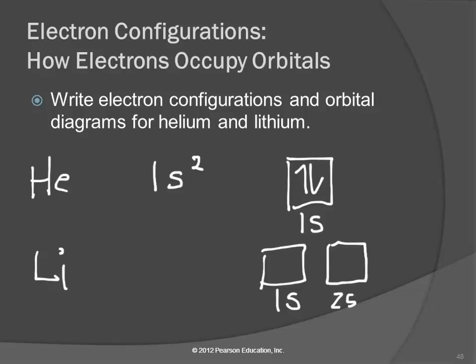And so lithium has 3 electrons. 2 of them are going to go in that lowest one, and the other one's going to have to go into the higher one. So we would represent this as 1s2 and 2s1. So the 1s orbital has 2 electrons. The 2s orbital has 1 electron.